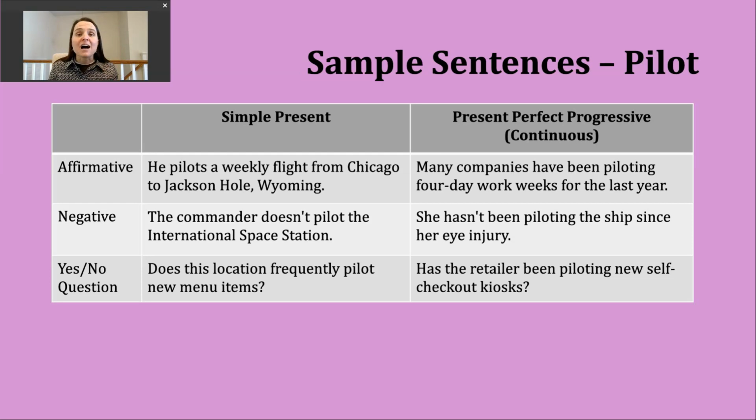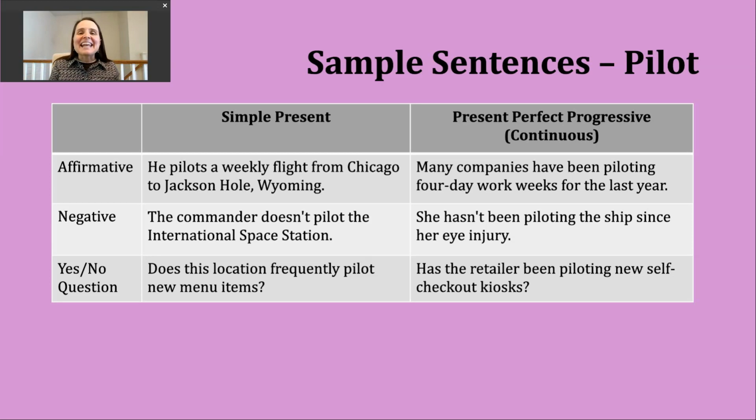So notice I'm not using the S on the end of the verb in the negative. Another example here might be, the commander doesn't pilot the International Space Station. So this particular person is not in charge of guiding or steering this particular aircraft, or spacecraft, I should probably say.